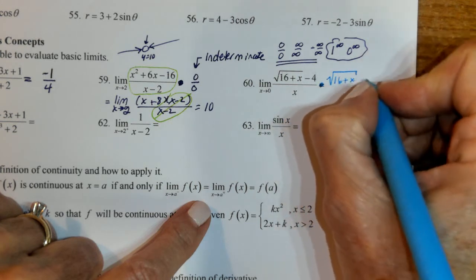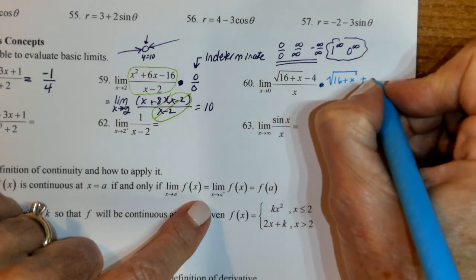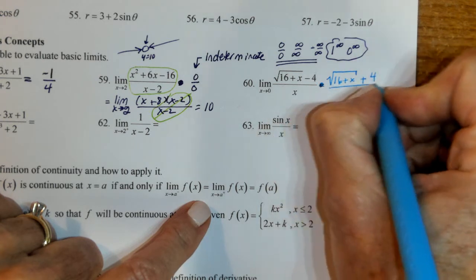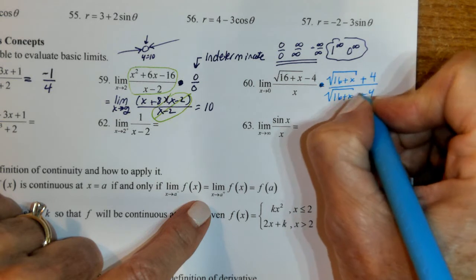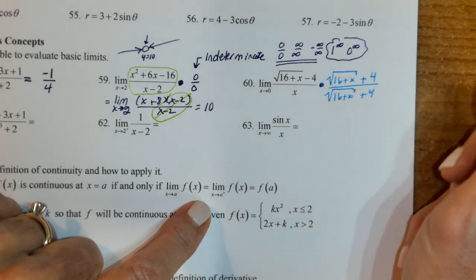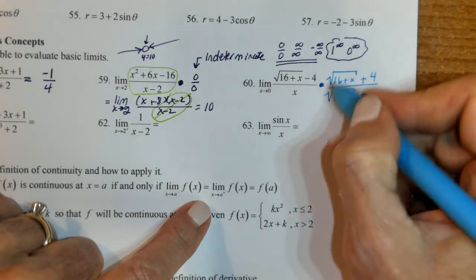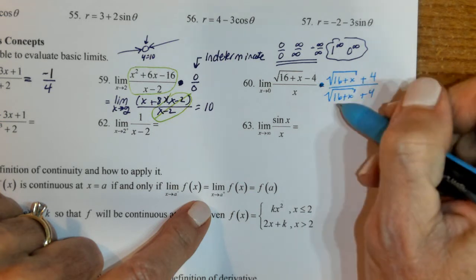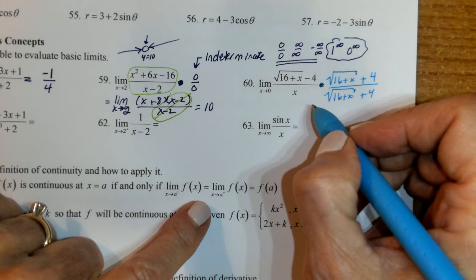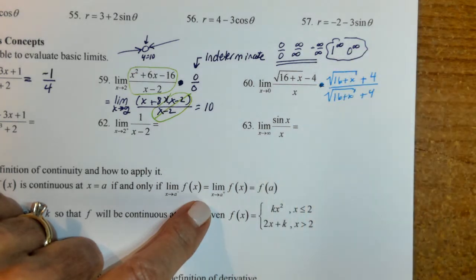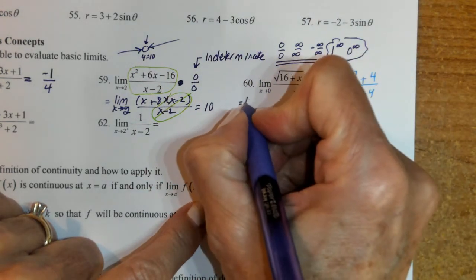The conjugate of the numerator will be the square root plus 4 over the square root plus 4, like that. So I'm multiplying by 1. It's a clever form of 1. This form of 1 will allow the numerator to look nicer. So I'm going to have, I have not taken the limit yet.